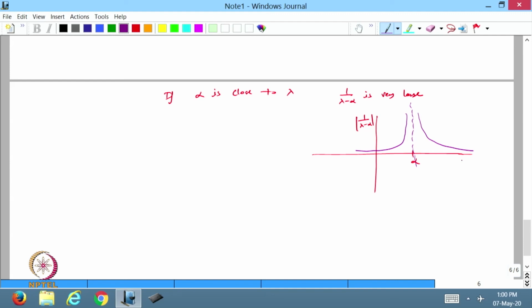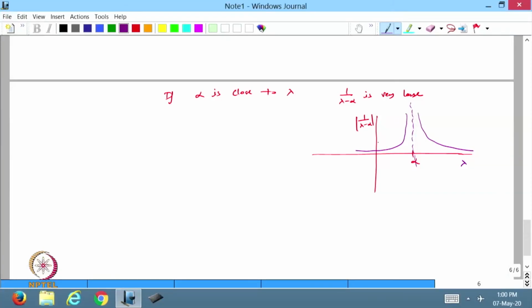So, this is the value of lambdas or 1 over these values. So, when lambda is close to alpha, the value is going to be infinity, and otherwise, if it is away from this one, then this value will be less. So, in that case we can see that this is the graph.